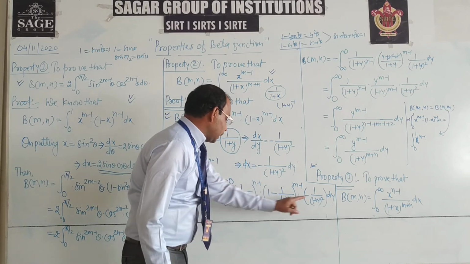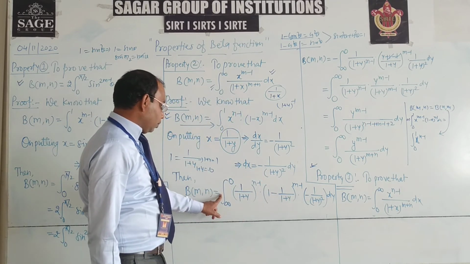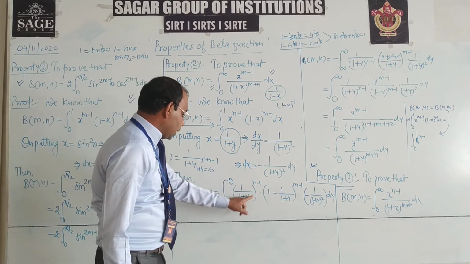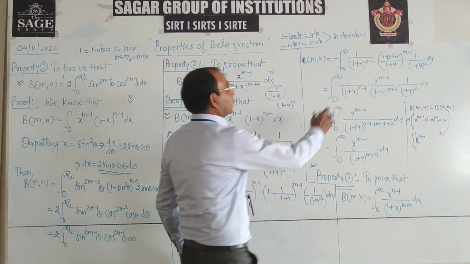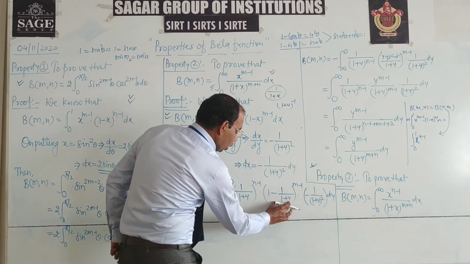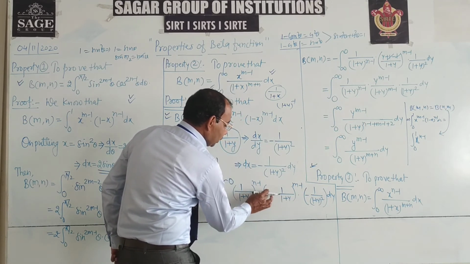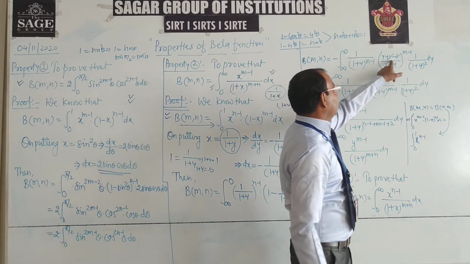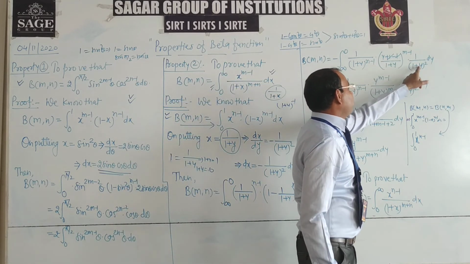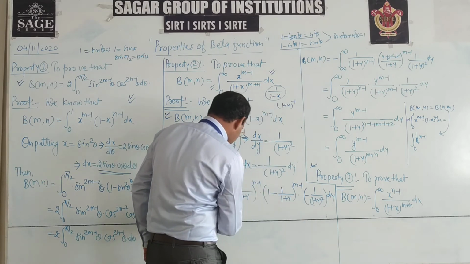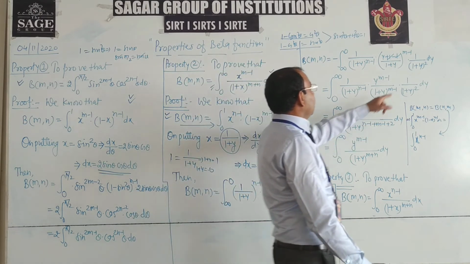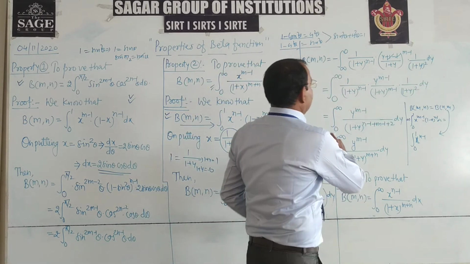Now the minus sign, from infinity, n minus 1 power, this is the n minus 1 power, and solve this. Number 1 minus this, LCM is 1 plus y, so 1 plus y minus 1, this 1 and 1 cancel, and 1 upon 1 plus y square, this minus is replaced here.